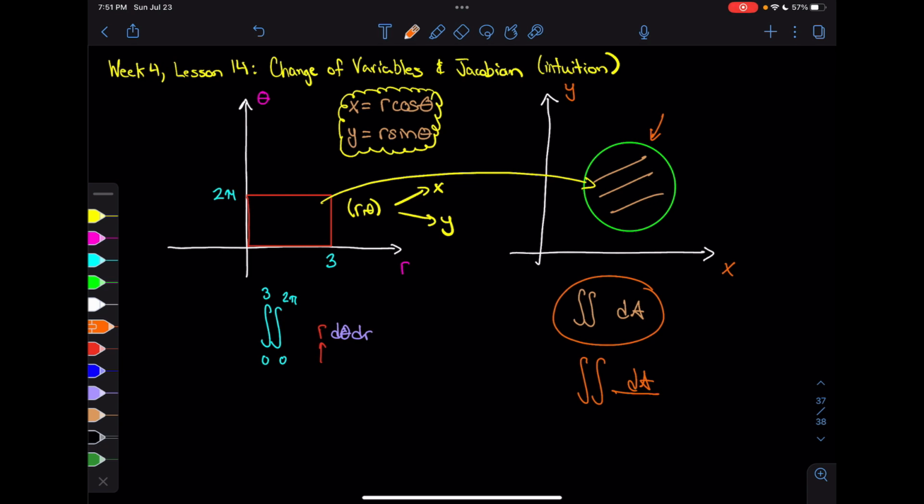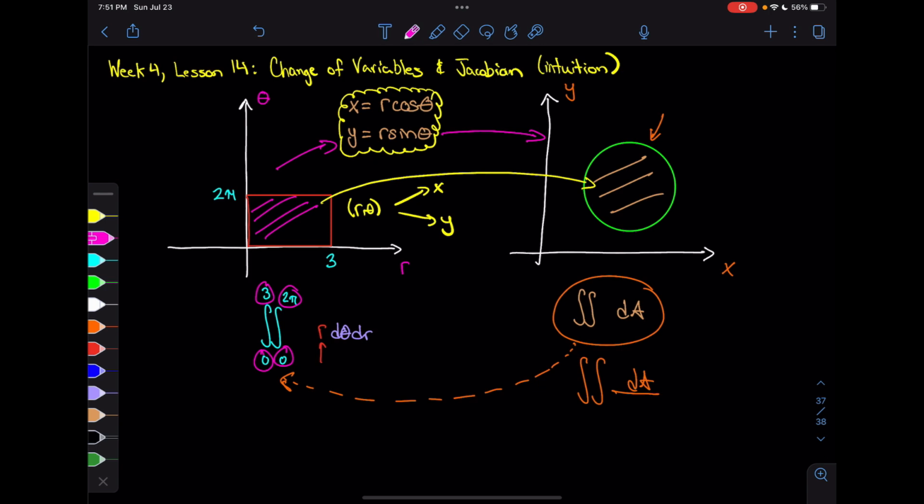What we've actually been doing is working backwards this entire time and trying to think, what would these bounds be in r and theta land, such that if we use this transformation, aka if we use a really nice rectangular region of integration, it is going to give us the same answer as if we had integrated it over this circular region in our good old-fashioned rectangular coordinates.